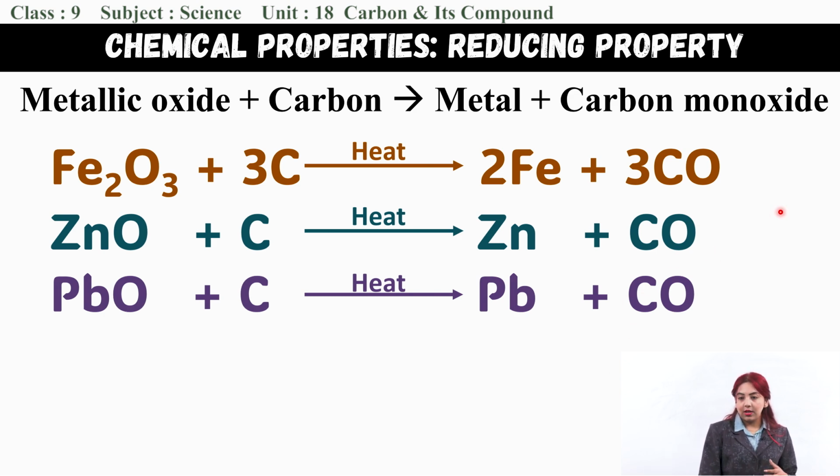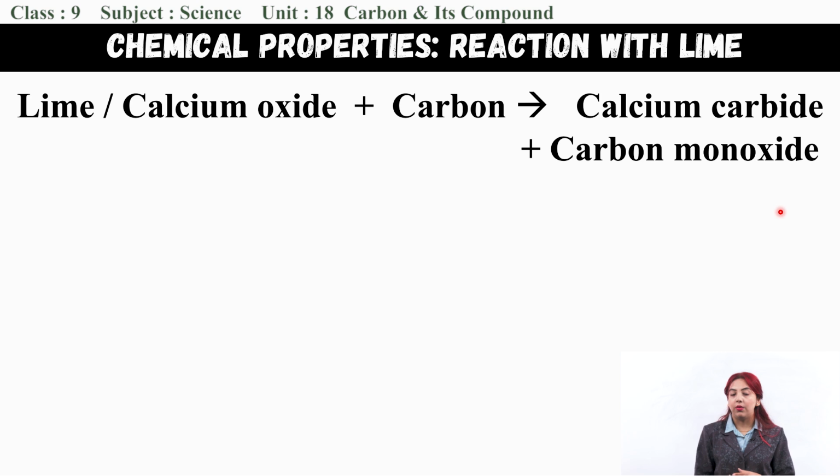Now let us study another chemical property of carbon, that is reaction with lime. So can you tell me what is lime? Yes, it's calcium oxide. It's written over here as well. So lime means calcium oxide. So let us study the reaction of lime with carbon.